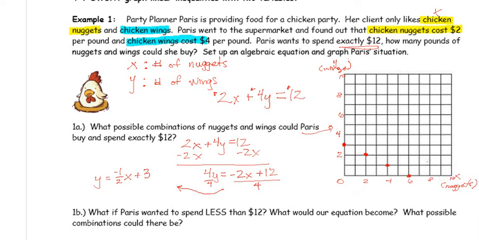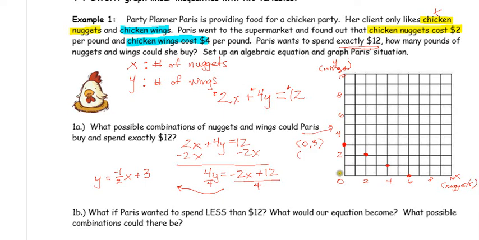So what are the possible combinations of nuggets and wings that she could buy and spend exactly $12? Well, if I look here, these points are all ordered pairs that are solutions to the equation. I'm just going to list some ordered pairs here. She could buy 0 pounds of nuggets and 3 pounds of wings, the ordered pair 0, 3, and spend exactly $12.